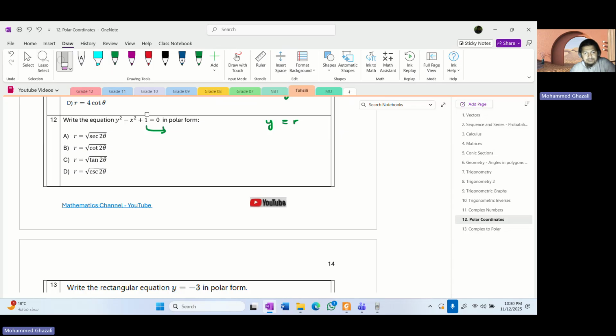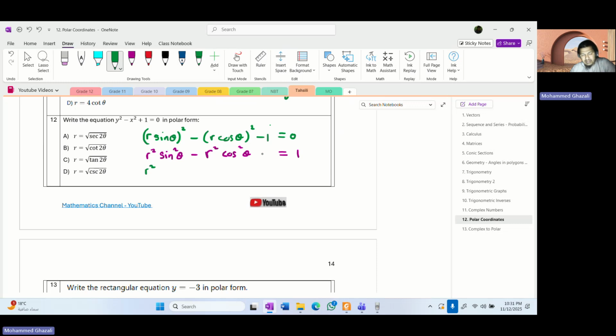So r sine theta squared minus r cos theta squared plus 1 is equal to 0. Now simplify. This is r squared sine squared theta minus r squared cos squared theta is equal to negative 1. Now take out r squared as a common factor.